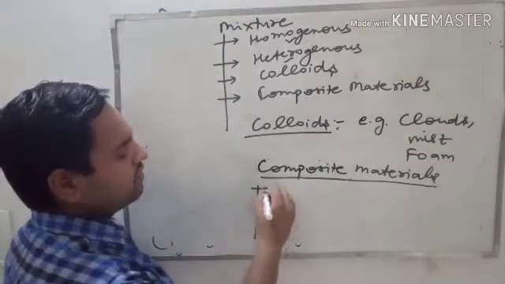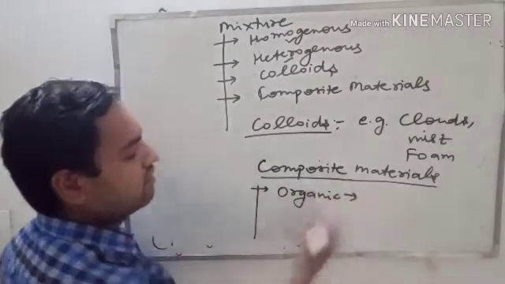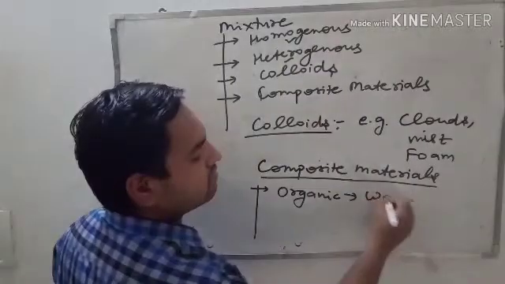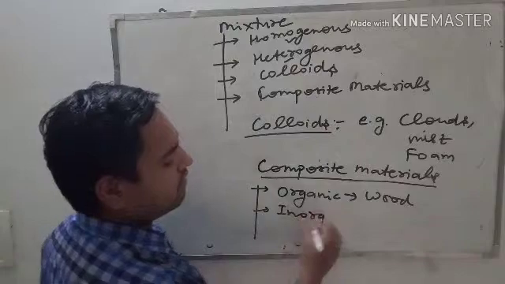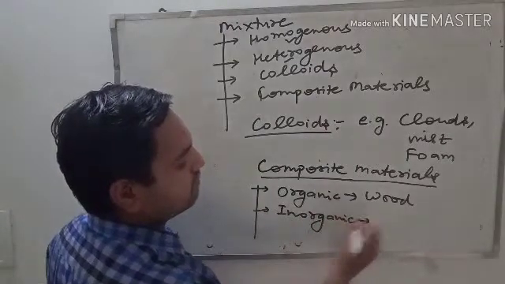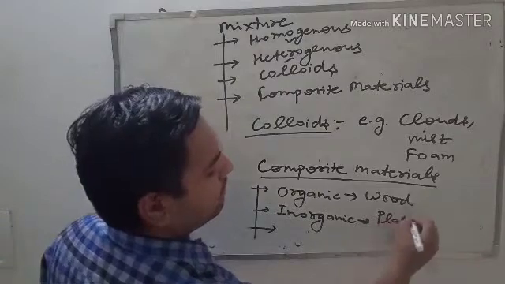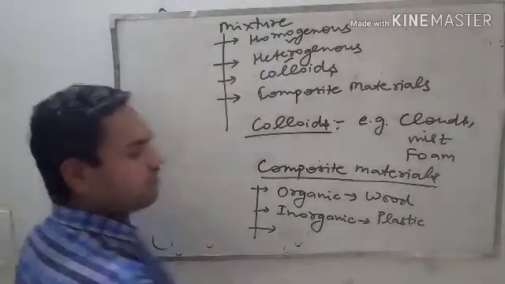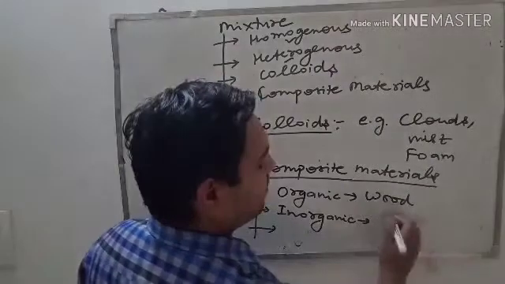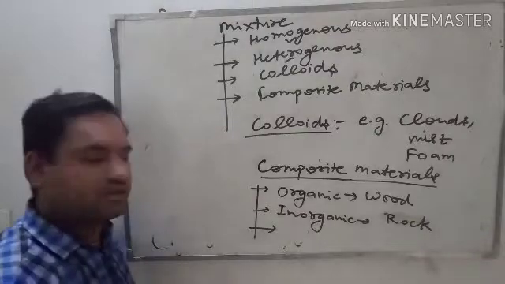For example, different types you can consider: organic. If you consider organic, you can take the example of wood. If you take an example of inorganic, you can take rock, different types of rock, mountains present on earth.